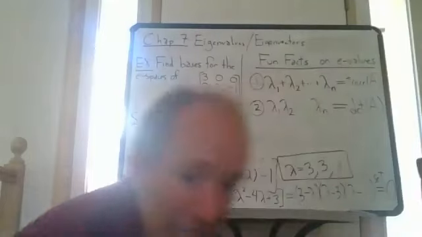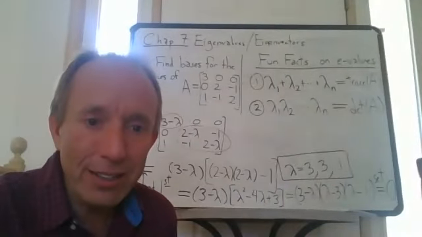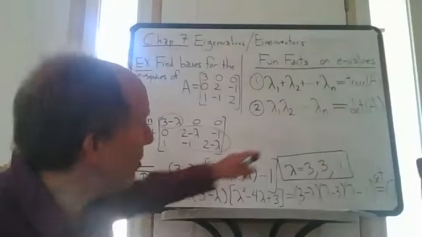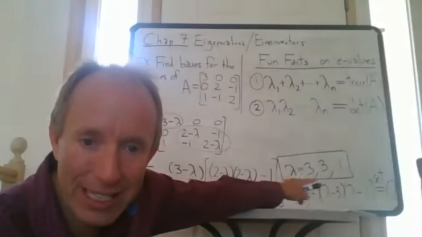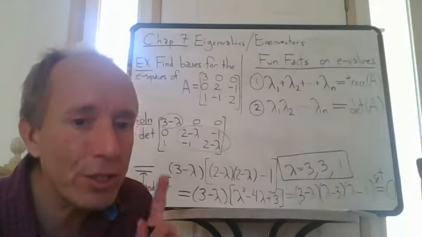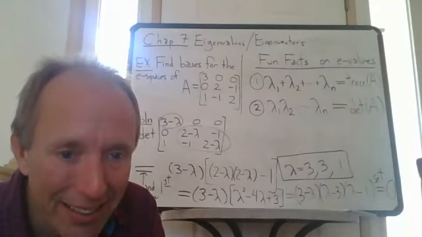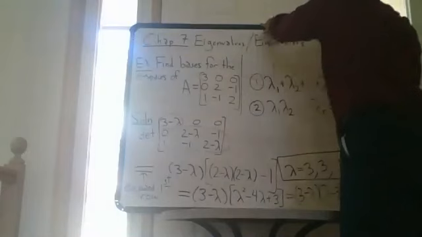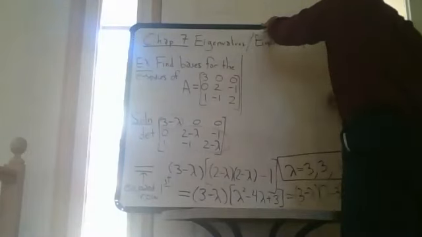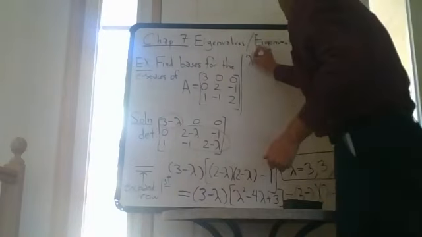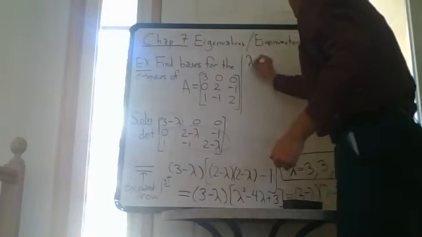For reasons that are going to become clear very soon, whenever you have a repeated lambda, the same lambda coming up more than once, you are going to always want to start with that one in terms of doing your eigenspaces. So I'm going to come over here. I'm going to erase my fun facts now. And I'm going to start with lambda equals 3. And I'm going to try to find the corresponding eigenvectors. Lambda equals 3.